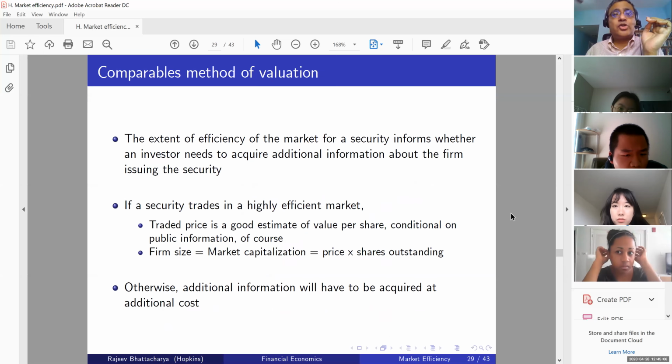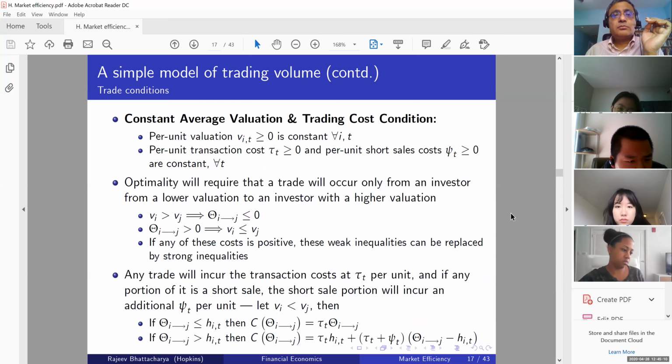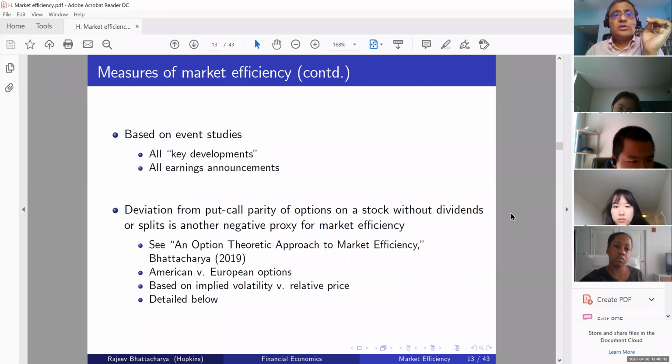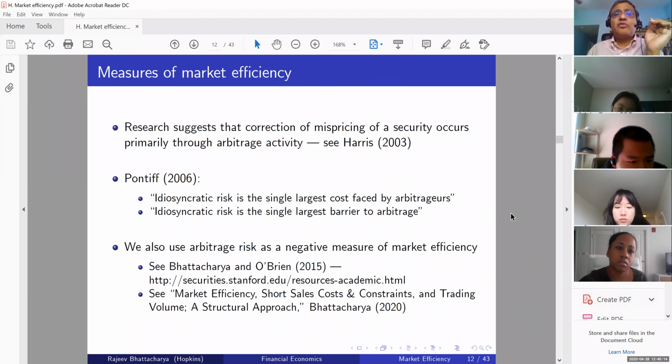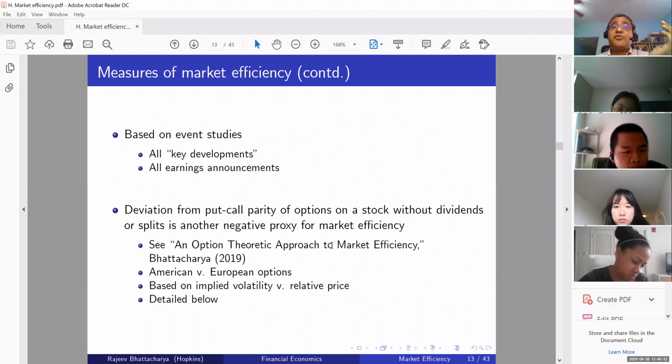So go back to all these measures of market efficiency. For instance, idiosyncratic risk is one measure of market efficiency. Arbitrage risk is another measure. The abnormal return based on key developments is a measure of market efficiency.